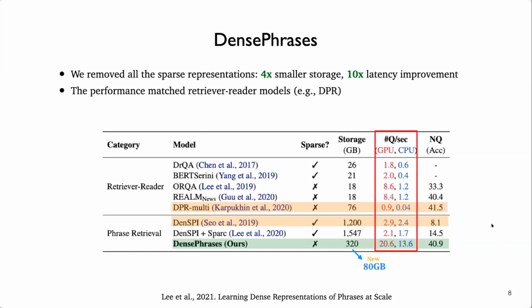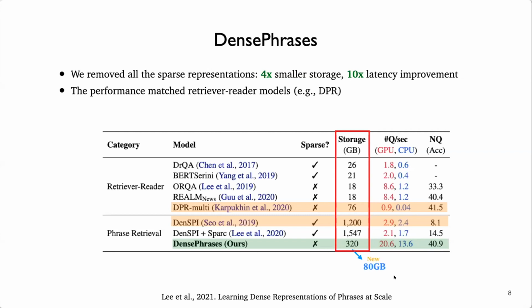But if you look at the speed, our model was able to achieve 20 to 30 times faster on GPUs. And because we don't need to run BERT or T5, we are able to run this model even on CPUs, processing more than 10 questions per second. If you look at the storage, compared to the previous phrase retrieval models, we are able to make it 4 times smaller.